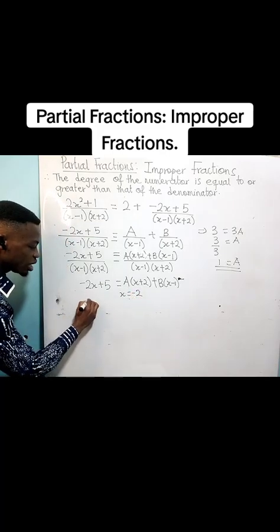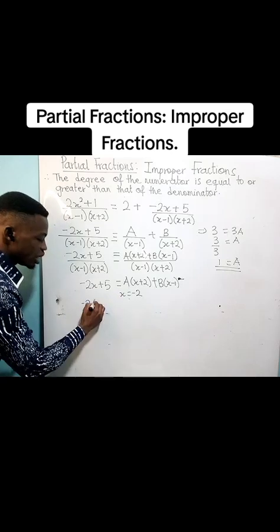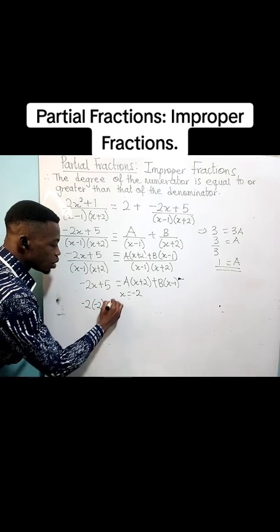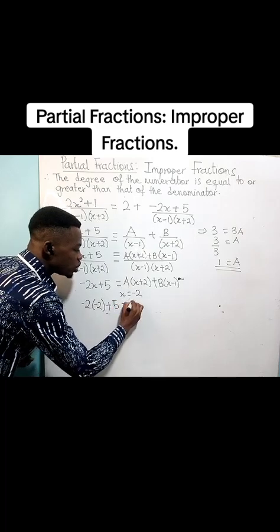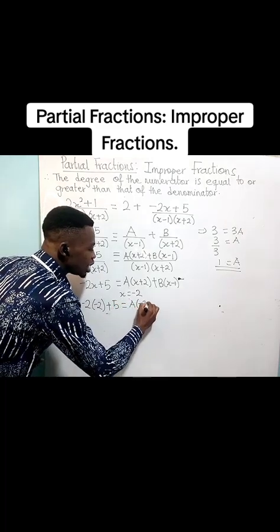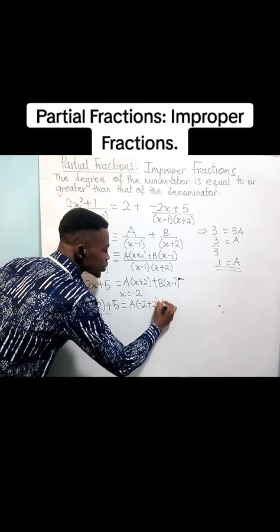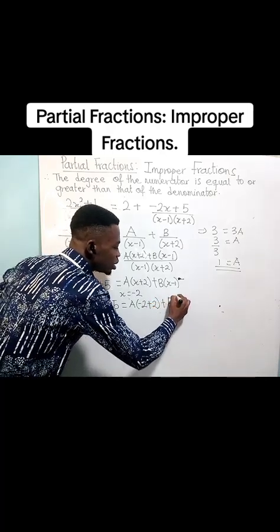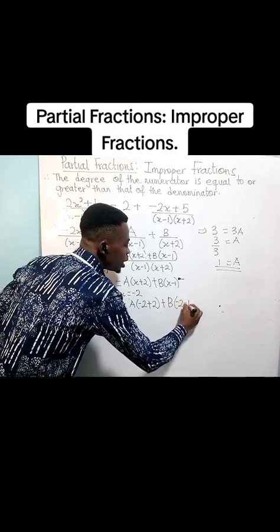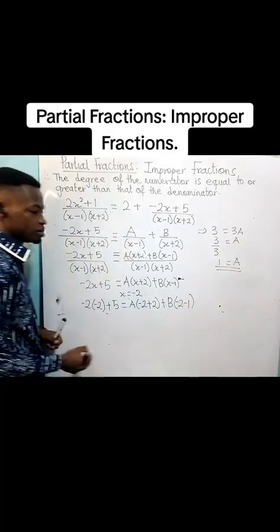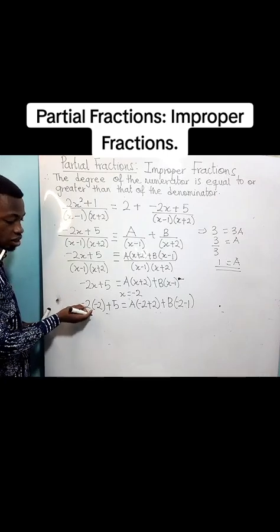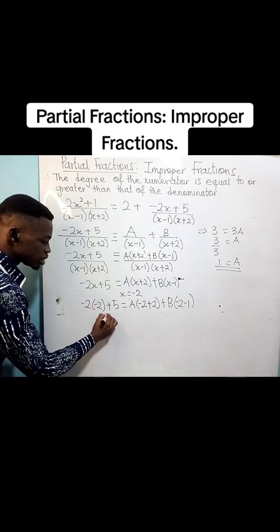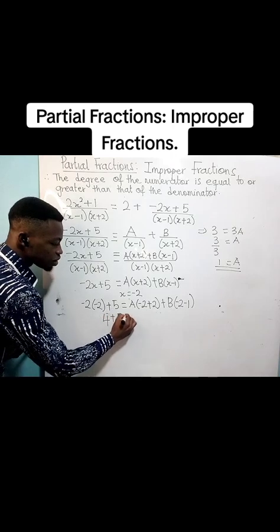Now we have negative 2 multiplying our x, negative 2, plus 5 is equal to A into bracket negative 2 plus 2, plus our B here, negative 2 minus 1. Now, negative 2 times negative 2 is positive 4, plus 5.